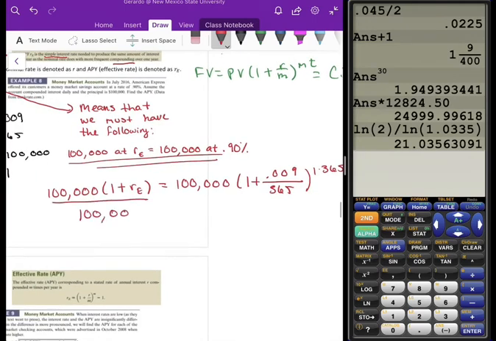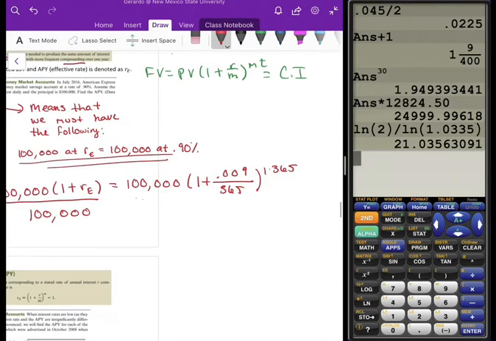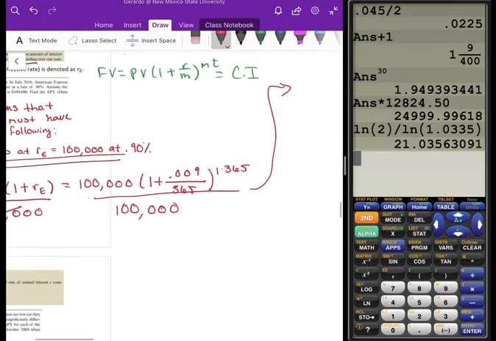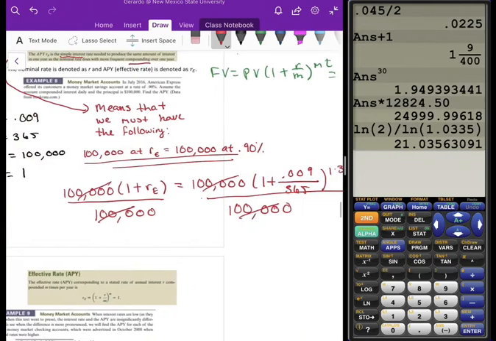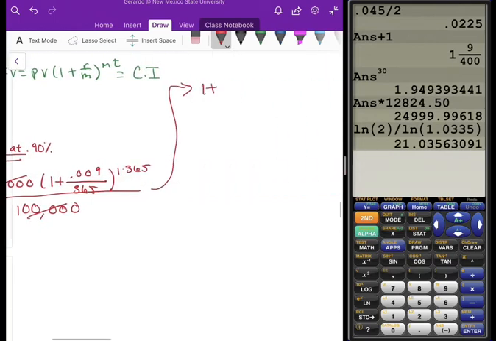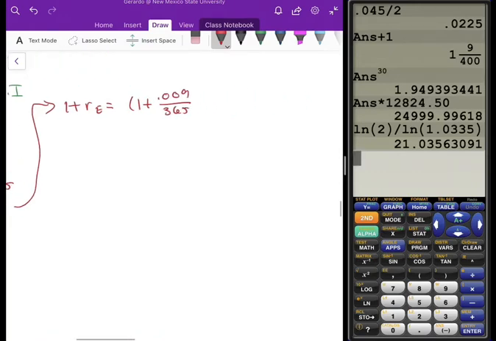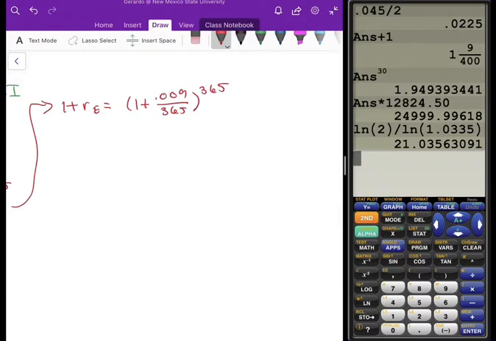So I'm going to divide by 100,000. What I do to one side, I must do to the other. So now 1 plus RE is equal to 1 plus 0.009 over 365 to the power of 365.